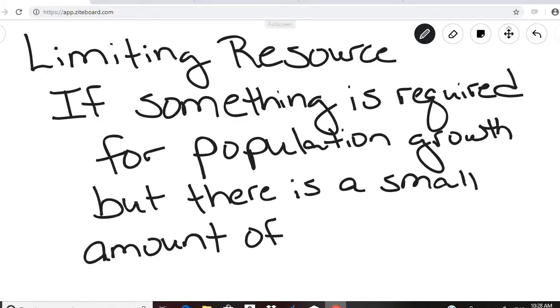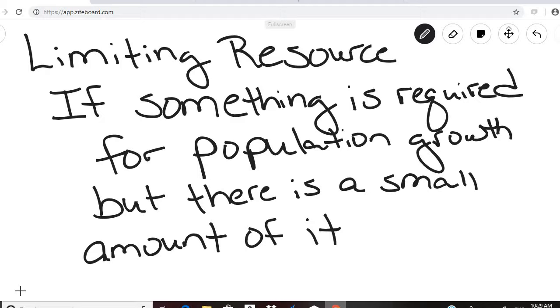For example, let's say that for a certain animal to live in an area, that animal needs to have access to a certain plant that it gets a certain nutrient from.